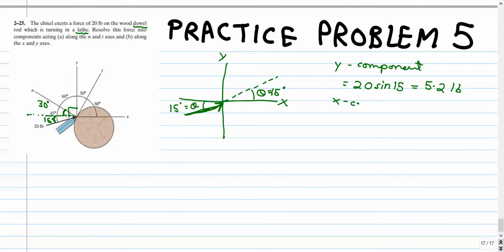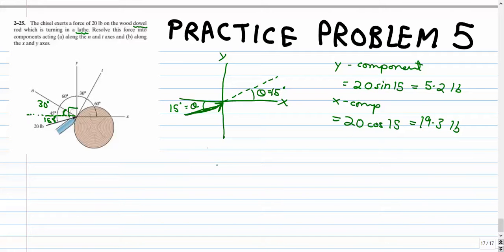While for the x component, we'll simply do 20 cos of 15, and this would simply give us 19.3 pounds.